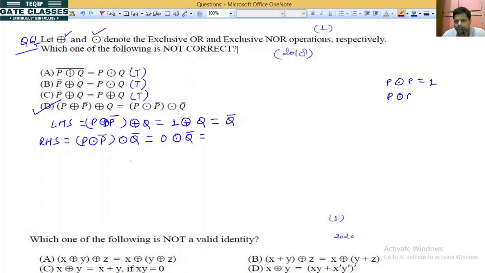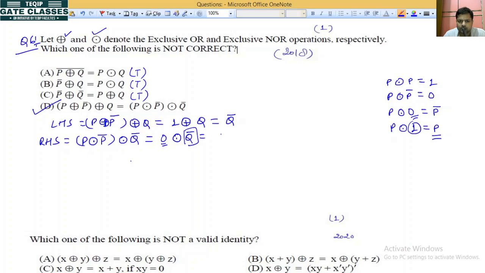P XNOR P bar is 0. P XNOR with 0 is P bar. P XNOR with 1 is P. So at 1 it works as buffer, but at 0 it works as inverter. So here we have 0, so it acts as inverter.